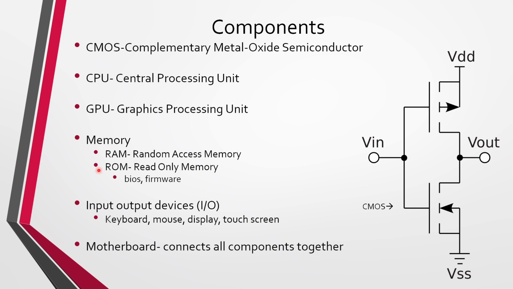So things like the BIOS or firmware could be considered ROM. The BIOS is what initially tells a computer system what to do when it first gets power, and that's in read-only. It doesn't need power to keep the information on it.